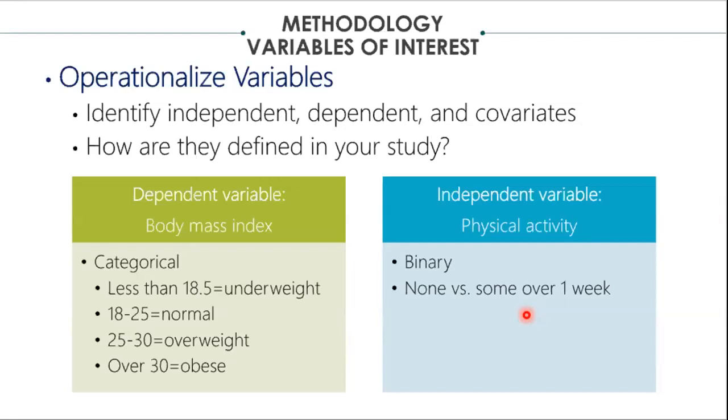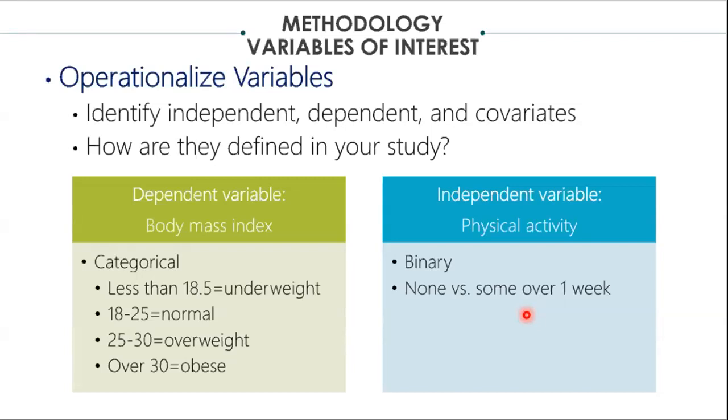So here you just want to be really clear on how your study is going to be defining these variables. And this is largely going to be based on what's available to you. So, what instruments you're using for your study, and maybe even how the variable has been measured in the past. Maybe you're just going to be using a previously used definition for the variable.